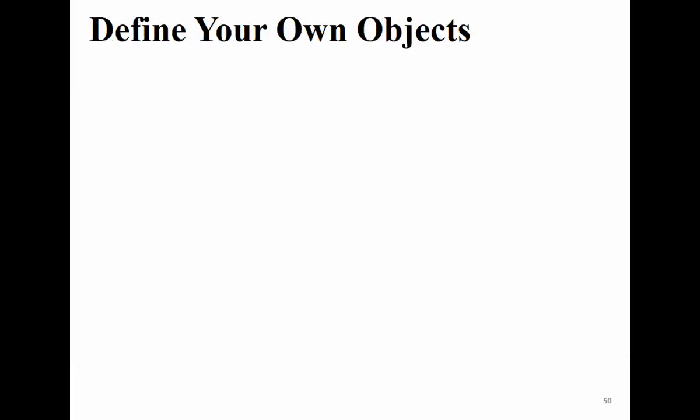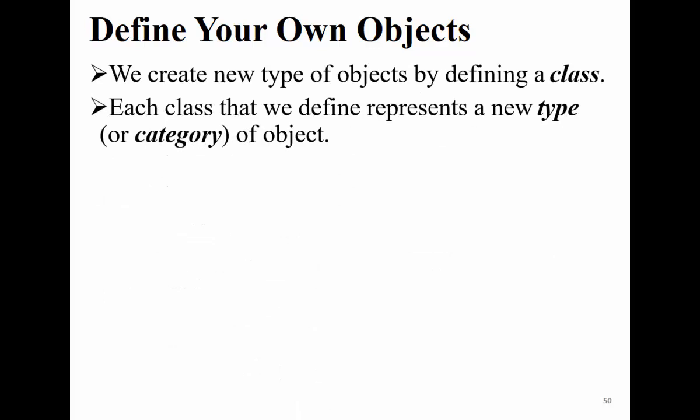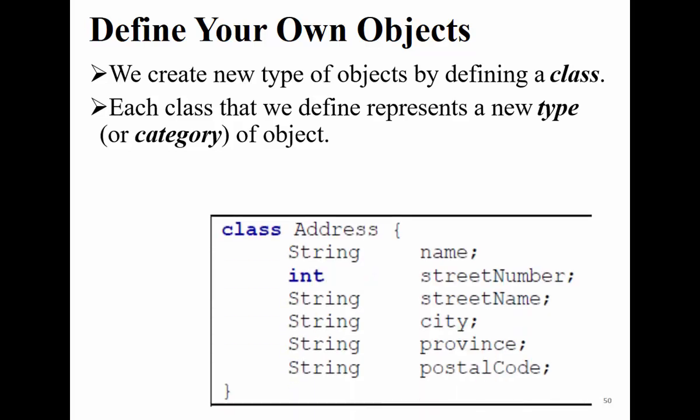Okay? Now, you define your own object by using a class. So the class is defining the type or category of things that you need. For example, here I create a class of address. So any address I'm going to use inside my program will have these things: an integer, the number of the street, and also strings, the street name, the city, the province, and the postal code.